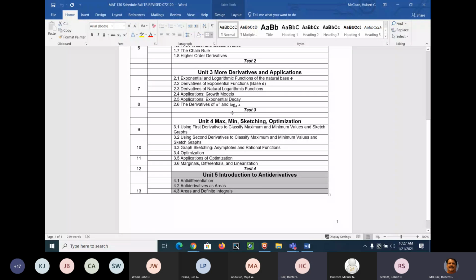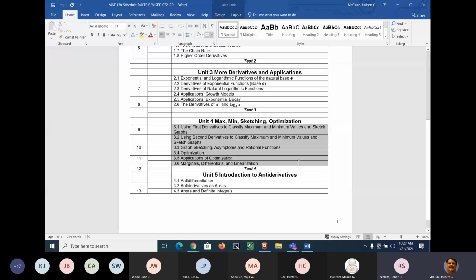What we may do is pull some things out of Unit 4 and go over a few things in Unit 4, then go to Unit 5. Unit 4 is the only one that I may skip around on.